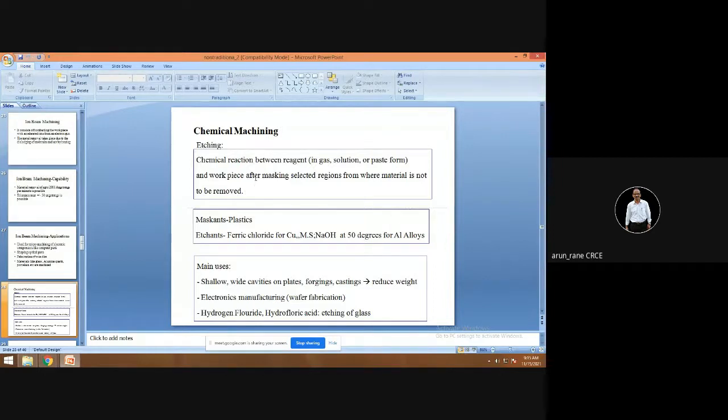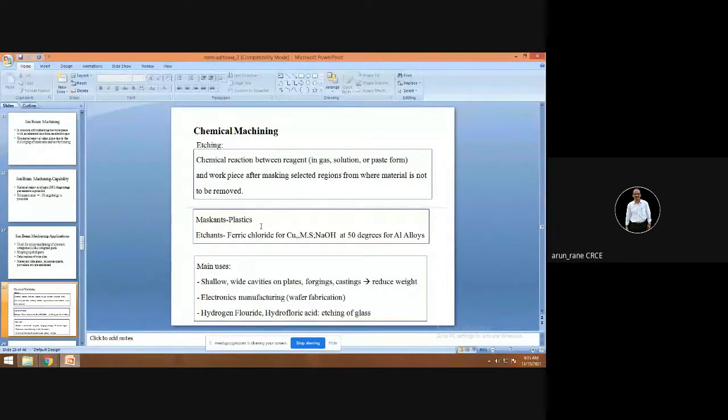There is a chemical reaction between the reagent, that is in gas, solution, or paste form, and the workpiece after masking. Masking means the portion which is not to be removed is masked so that there is no action of acid on that area. So that area remains unaffected.